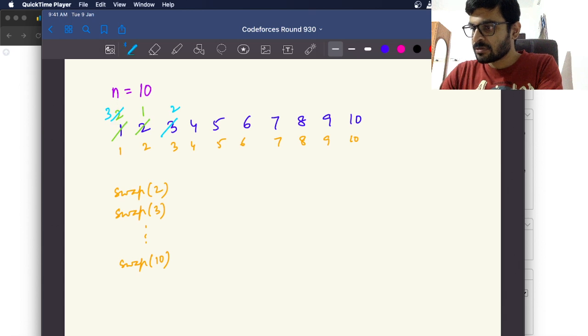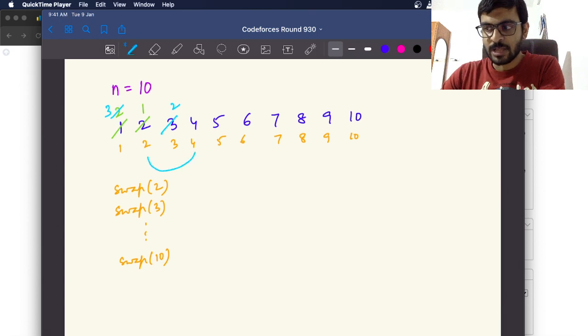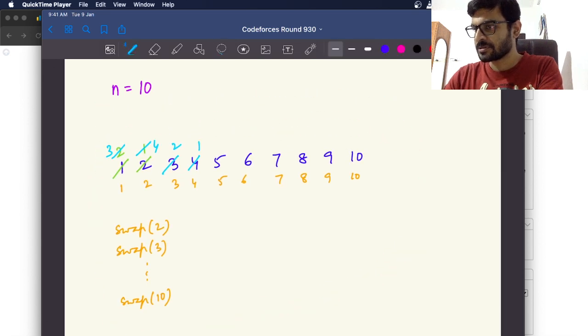And then comes 4, we have to swap this. 4's largest divisor less than 4 is 2. So we will swap these two values, which makes it 4 and 1. And in this way the process continues. 5 will swap with 1, so it becomes 5 over here and 3 over here.